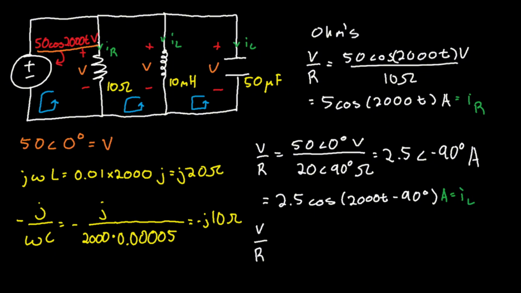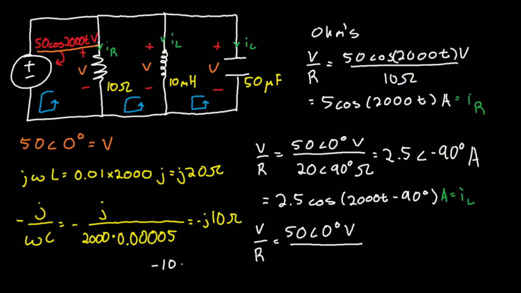Negative j10 ohms as a polar coordinate: the voltage at this capacitor is still the same, over the impedance, which is this guy right here. We want to put this in polar coordinates so that we can divide the polar coordinates.